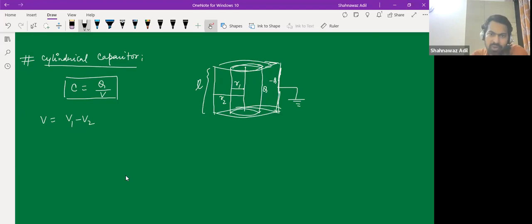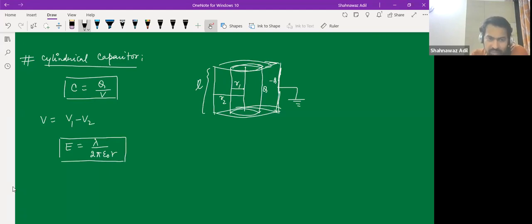So what do we know about the cylindrical thing, the hollow cylinder? For a hollow cylinder, the electric field is lambda by 2 pi epsilon naught r. This we know.